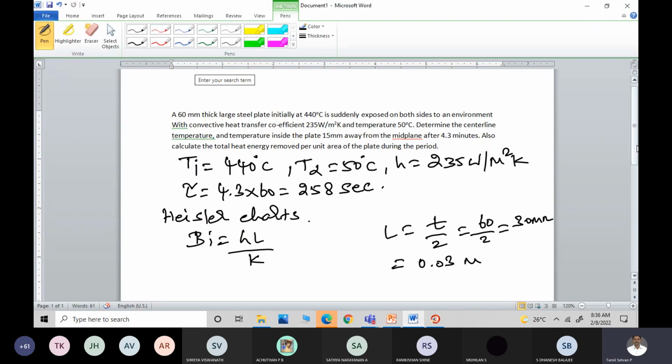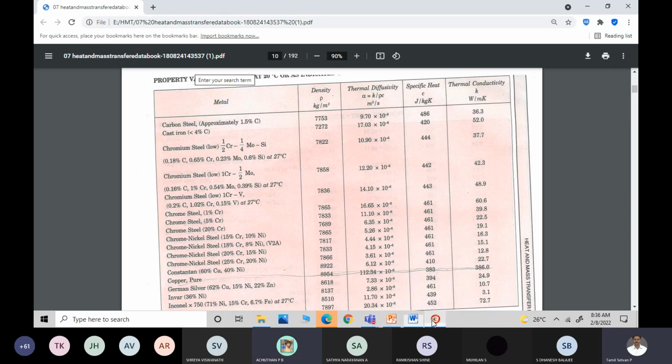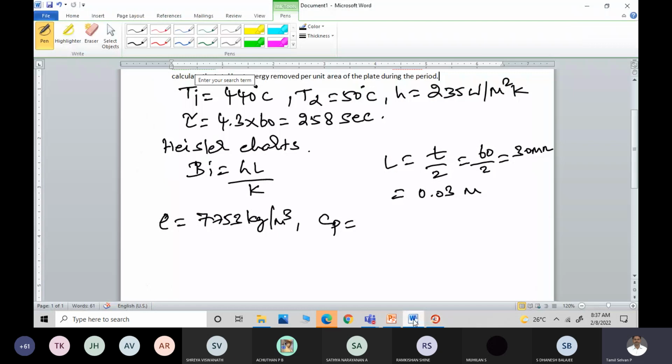So let me take the values. What is the density rho? 7753 kilogram per meter cube. And Cp? 486 joule per kilogram kelvin, and k is 36.3.